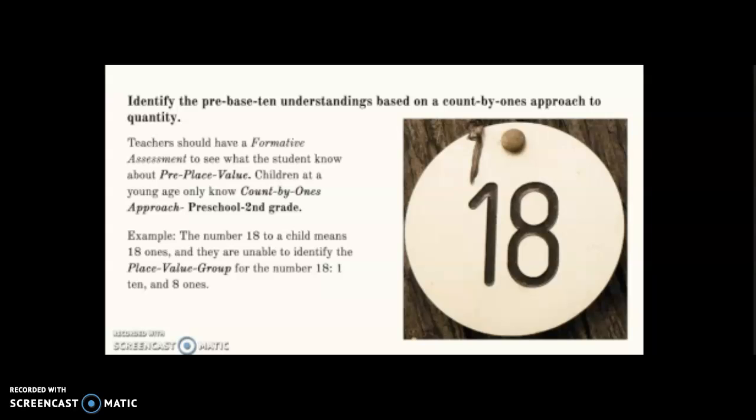For example, the number 18 to a child means 18 ones altogether, and they are unable to identify the place value group for the number 18. So we teach them that the 8 is its own separate number, we have 8 ones, and the 1 becomes a 10, a group of 10, so groups of 10 represent the quantities.